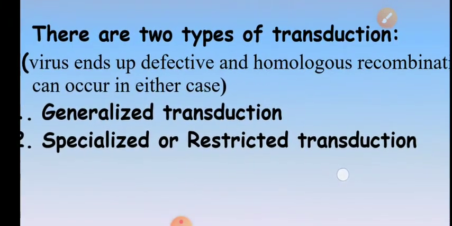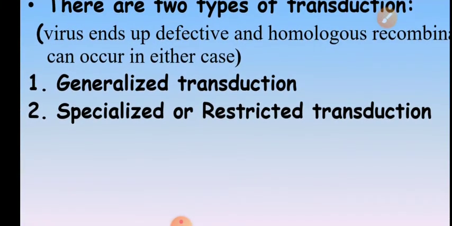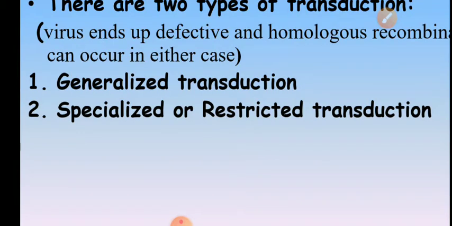There are two types of transduction: generalized transduction and specialized or restricted transduction. In the last class, we discussed generalized transduction. It was discovered by Zinder and Lederberg in Salmonella typhimurium, where they found a bacteriophage, that is P22 phage, which transfers DNA from one bacterium to another.